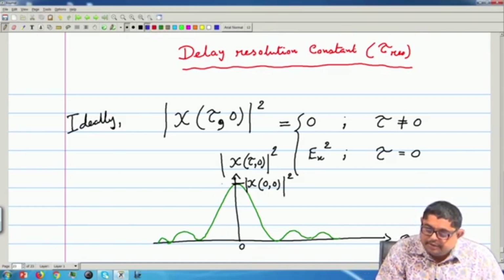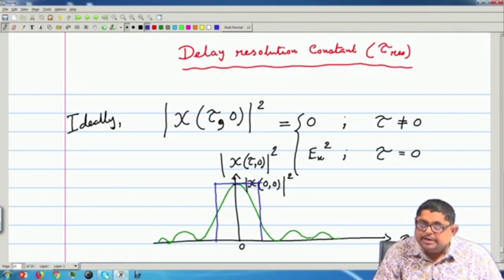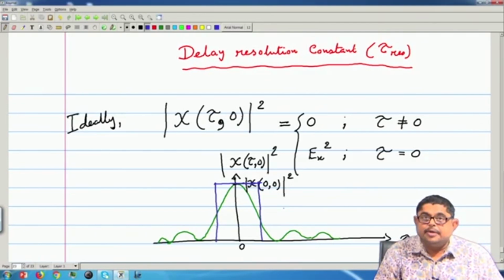We will draw a rectangle. The rectangle height is the same as the energy of the pulse, or |chi(0, 0)|^2, but its width is such that the energy content in the rectangular function and the energy content in the range ambiguity function are the same.